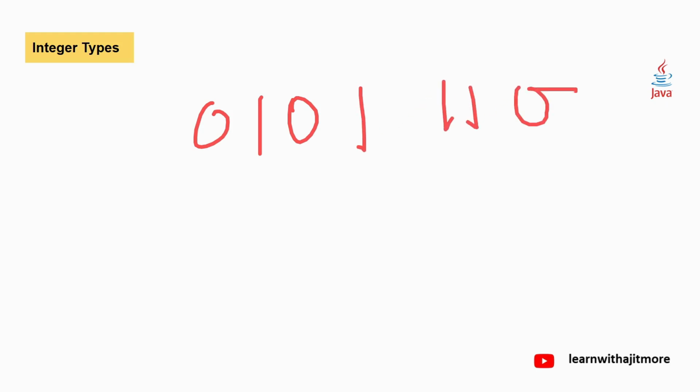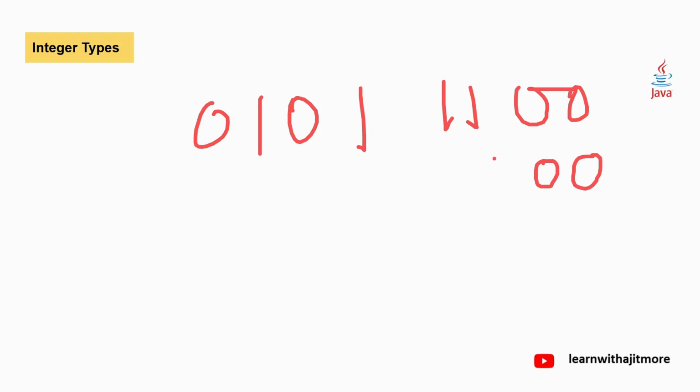Instead of doing this lengthy way, there is one shortcut way. Whatever binary number you have, 0 1 0 1, 1 1 0 0, and someone tells you to calculate its 2's complement, always remember you can calculate it in a very easy way.